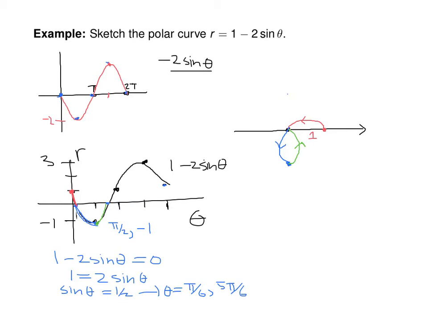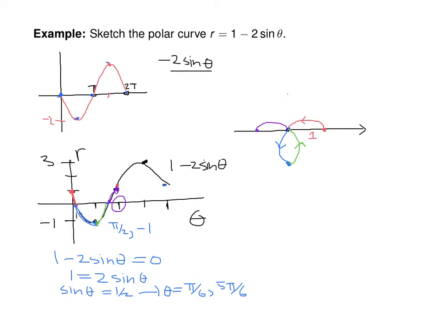Now from there, at the angle of 5 pi over 6, I'm back at a radius of, actually that's wrong, this corresponds to pi. By pi, I'm back at a radius of 1. And then from there, new color.